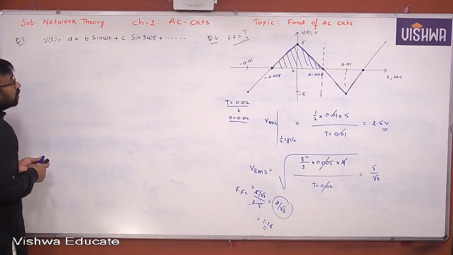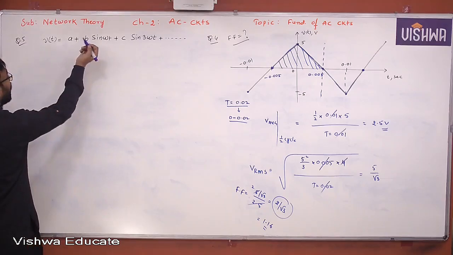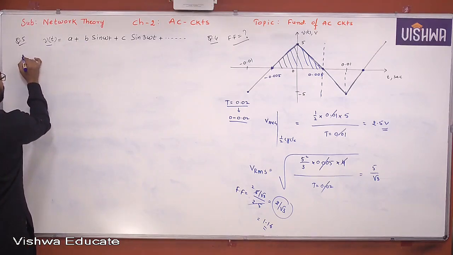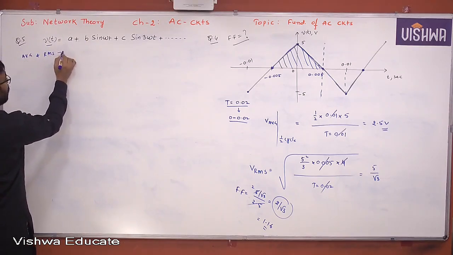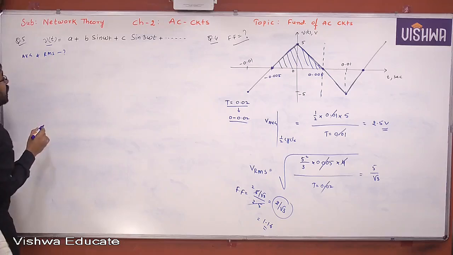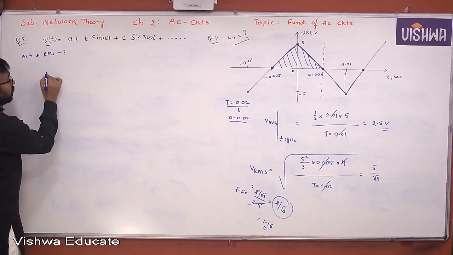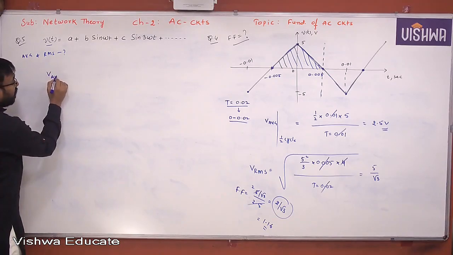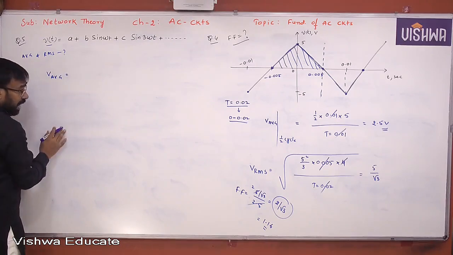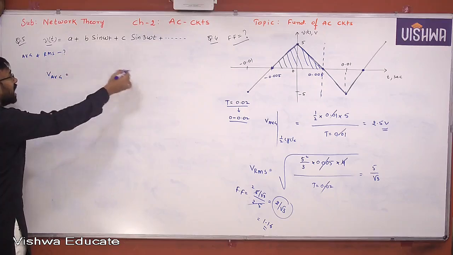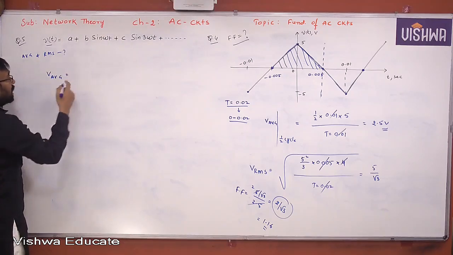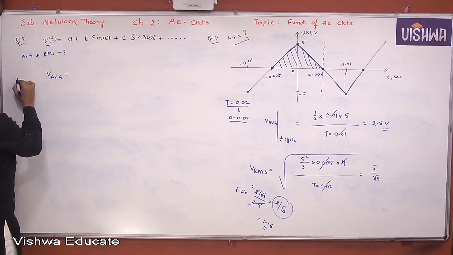Understand? So for this result, I would like to find the average and RMS values. Let me find the average first. What is the average? V average is equal to, since you know that this is a sine wave, what is the time period of the sine wave? 2 pi.